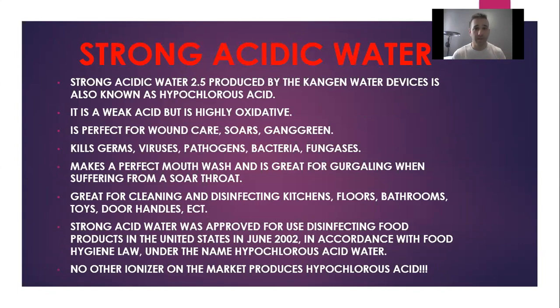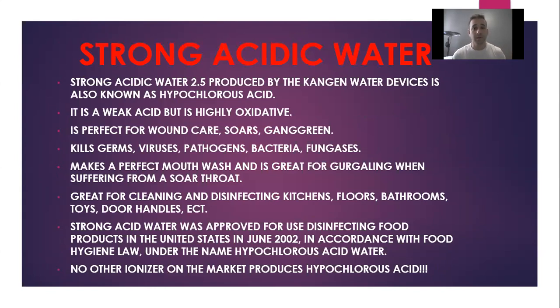Without the salt being introduced to the electrolysis process, you are not going to be producing hypochlorous acid. So there are actually some knockoff models that will promote that it's hypochlorous acid, but they're not using salt. So it's just 2.5 pH water, which doesn't have the same kill rate as hypochlorous acid.